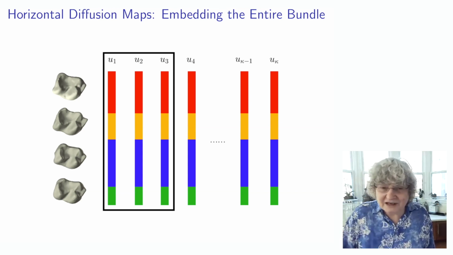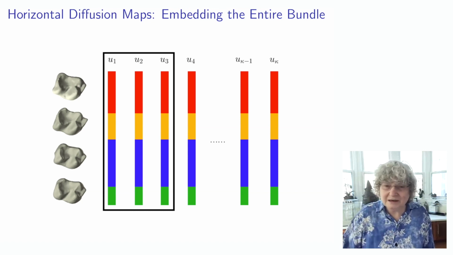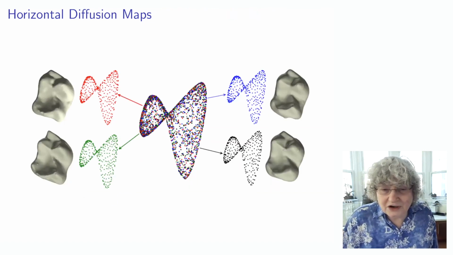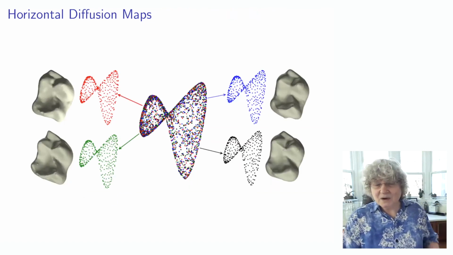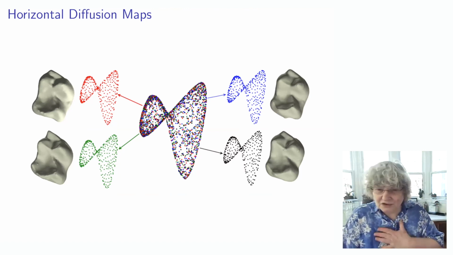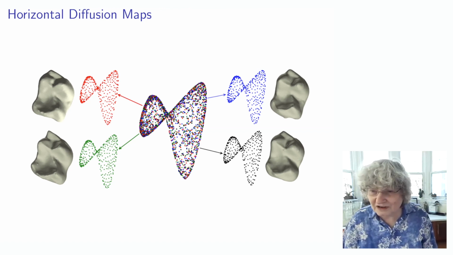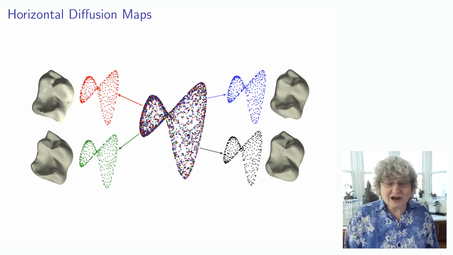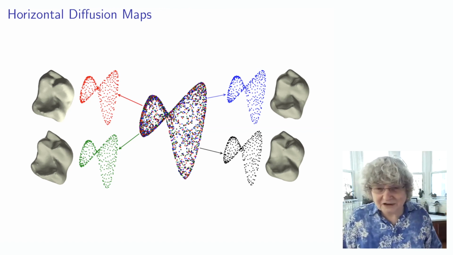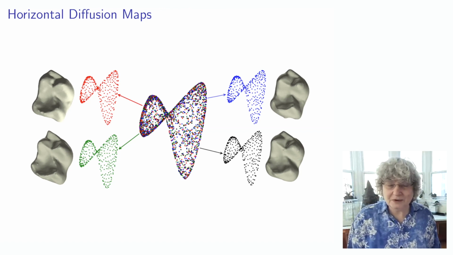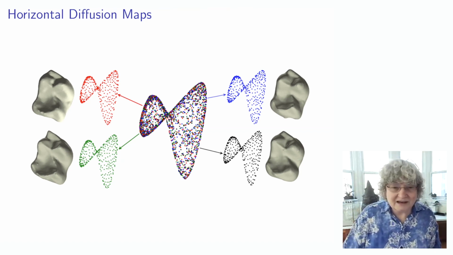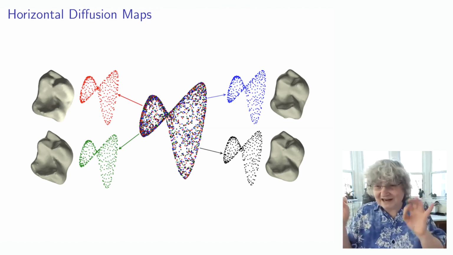And for instance, you can then use those, next slide, please, to understand how each of them can be mapped to a template surface. And that makes it possible for us to now register things much better. Because of course, the red points that I sampled on the tooth on the upper left and the blue points on the tooth on the upper right were not going to be exactly corresponding points.